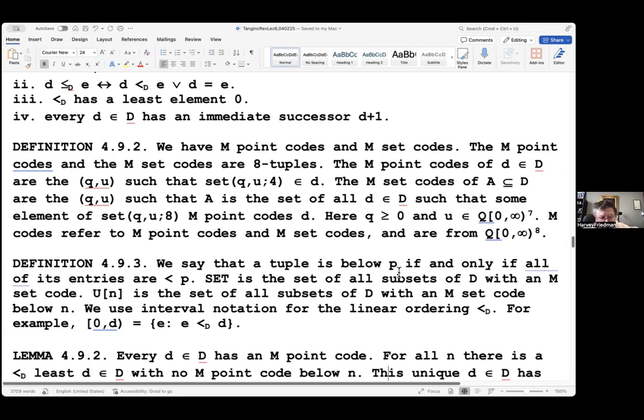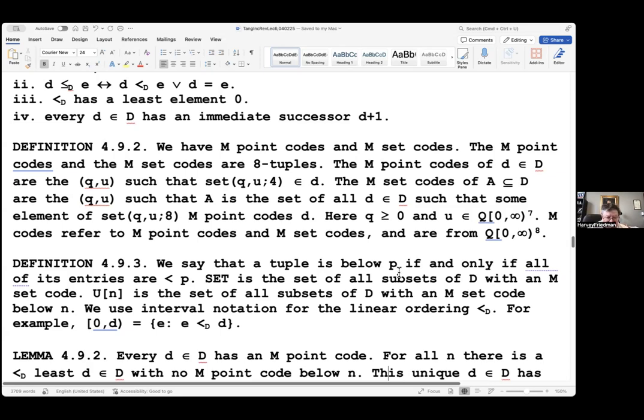So the phrase M codes refers to both M point codes and M set codes. And these codes are always 8-tuples. We say that a tuple is below n if all of its entries are less than n. And set is the set of all subsets of D with an M set code.